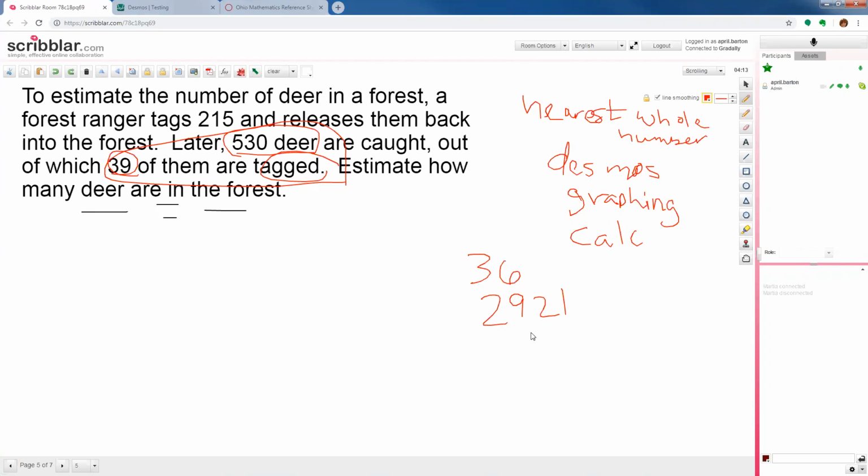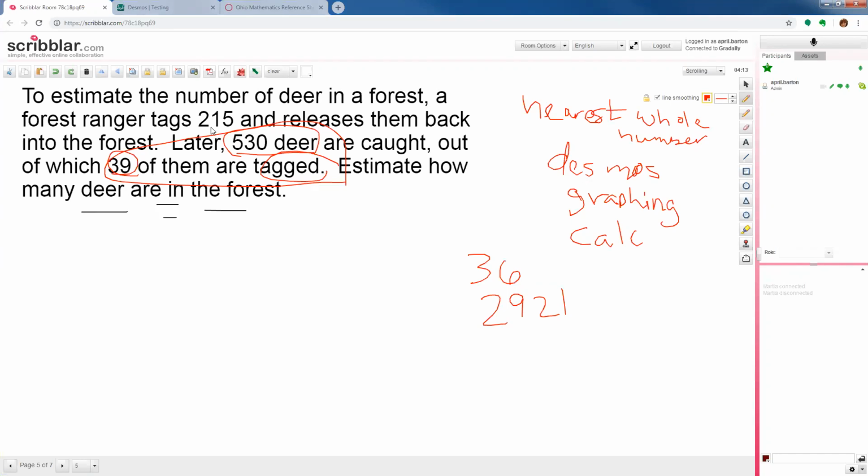Okay. So when you're doing a free response problem, also think about the logistics of it. The related part was 530 deer were related to 39 deer being tagged. There were more deer out there than they tagged. There was only a few deer tagged.